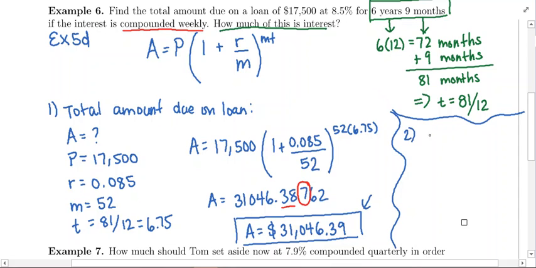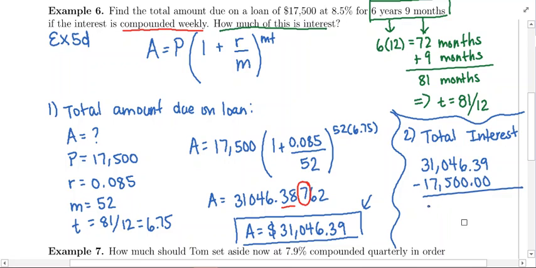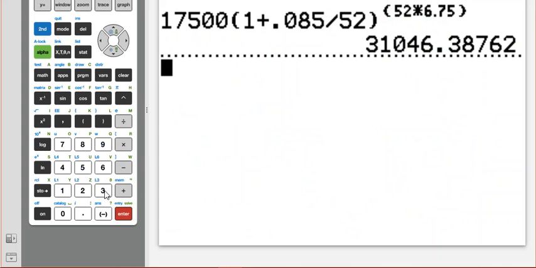So for the second part, the total interest that you pay, you get by taking the total amount you pay back and subtracting out what you borrowed. This is going to be the total amount of interest. So let's do that. You're going to take your $31,046.39 and subtract out the $17,500.